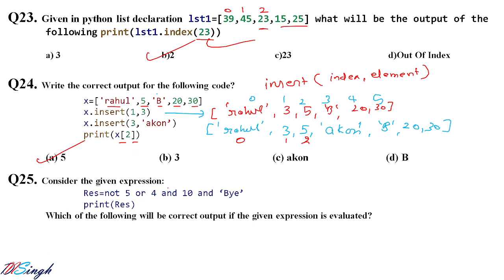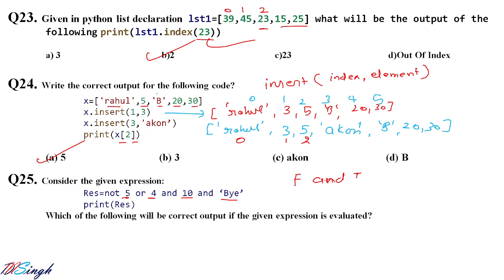Consider the given expression. A wonderful thing I am going to tell here about the AND operator. Please be very careful while watching. What happens if you give operands to the logical operators in the form of integers or strings? We all know logical operators work on boolean operands, like you have to give true and false to these operators, which are the logical operators and, or and not.